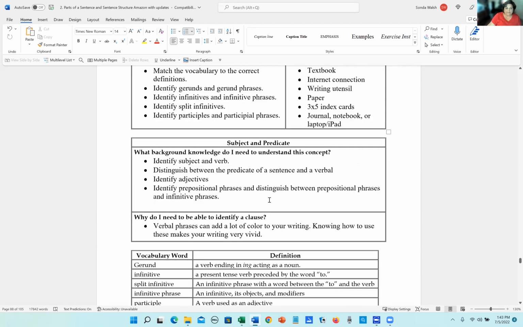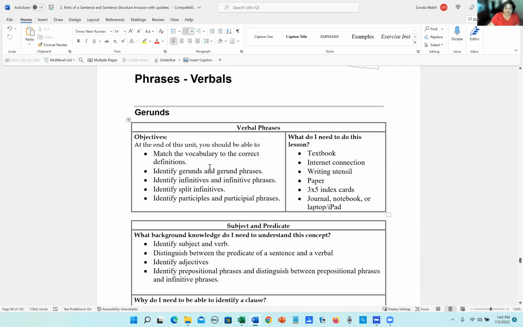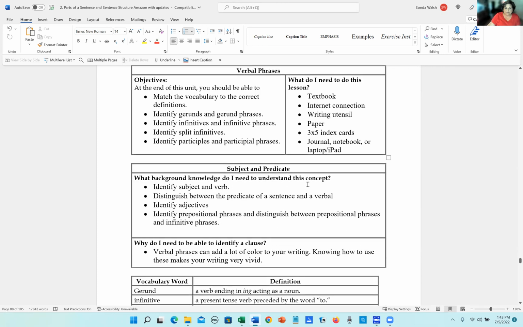All right, the next thing you need to do is be able to identify gerunds and gerund phrases, identify infinitives and infinitive phrases, identify split infinitives, and identify participles and participial phrases. All right, so we're going to dive in. What you need to know is be able to identify subject and verb. You need to be able to distinguish between the predicate of a sentence and a verbal phrase, be able to identify adjectives.